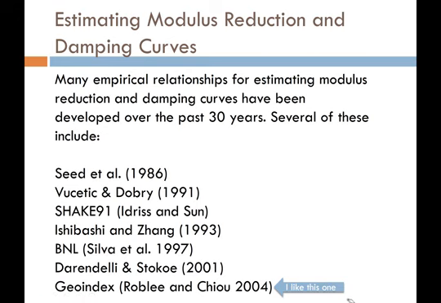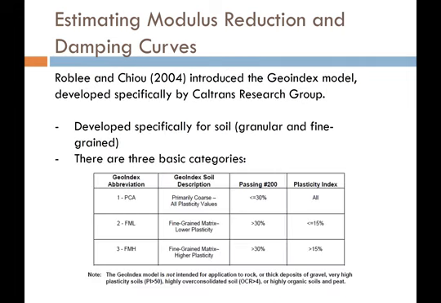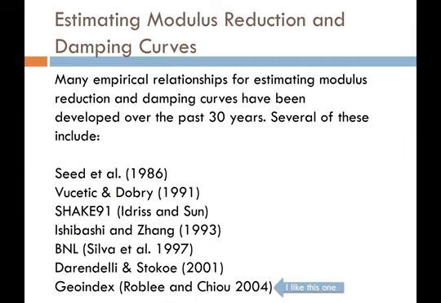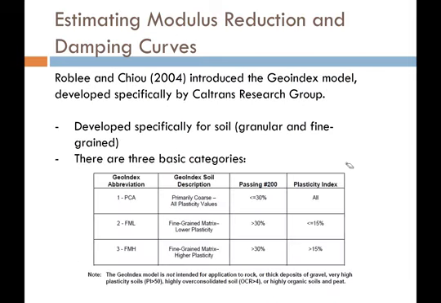We used it a lot, and it was developed specifically for use in Caltrans projects. It was developed for soil, not rock, which is a benefit. If I go back to this slide, a lot of these relationships were developed principally for rock to be used in site response analysis. But the GeoIndex model was developed specifically for soil.